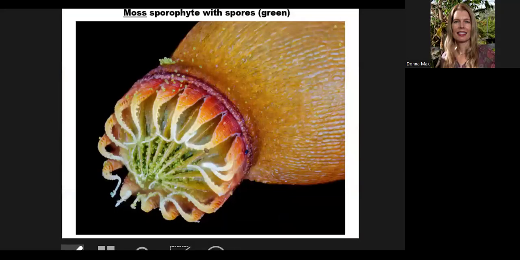There's another one. You're only seeing a partial of the sporangium tissue, and then this is the very tip. You can start to see the spores in there.